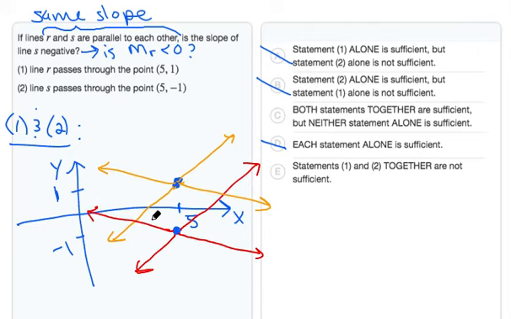So having only one point for each line doesn't give us enough information to tell us which direction they're pointing in. We do know that they're parallel, so if we knew one line, we could find the other, but since we only know one point, we don't know the orientation of these lines. So together, these statements are still not sufficient. We can eliminate answer choice C, and our final answer choice would be E. Statements 1 and 2 together are not sufficient.